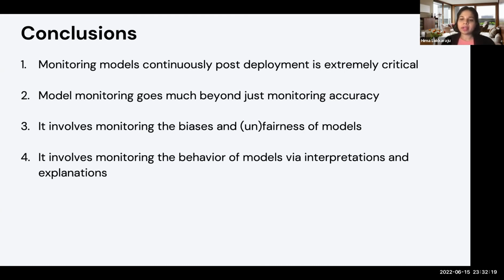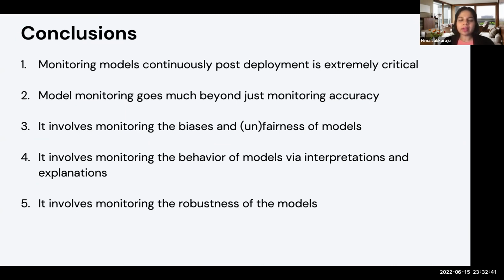Model monitoring also involves monitoring the behavior of these deployed models via model interpretations and explanations so that we ensure that the models are not relying on spurious or irrelevant features when making predictions on newly encountered data instances. And it is also important to ensure that the models are not brittle with respect to newly encountered data instances.